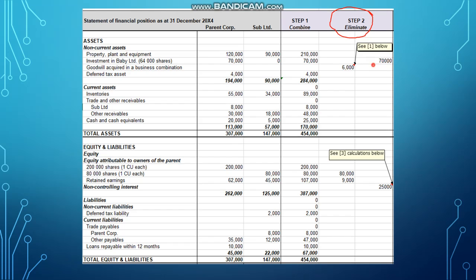So like I said, we'll be crediting the $70,000 off of the investment in the subsidiary, and then we'll also be debiting the $80,000 in equity that we've now purchased, as well as debiting the retained earnings of $9,000, debiting goodwill for $6,000, non-controlling interest for $25,000. And we'll see how we calculated this $25,000, $9,000, and $6,000 here in just a moment.